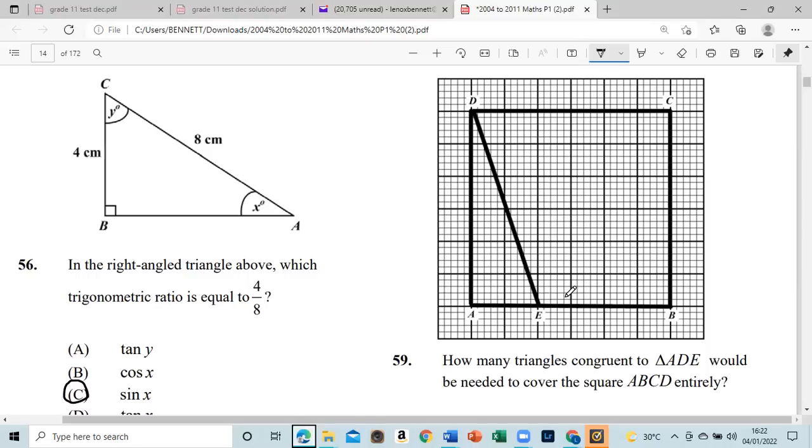Try to draw 1, 2, and then draw for the numbers. Triangle.